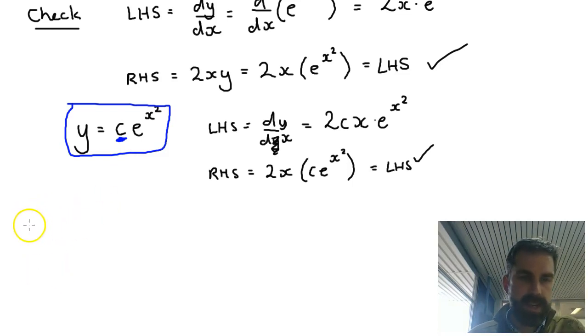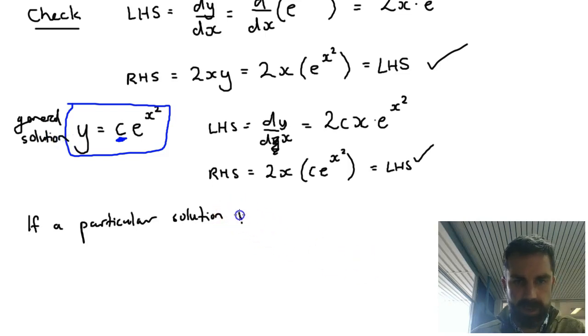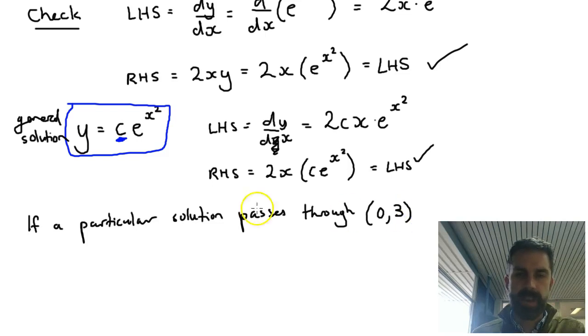So this up here is a general solution, and if a particular solution passes through, let's say, (0, 3), that means that when x equals 0, y equals 3 for that particular solution.